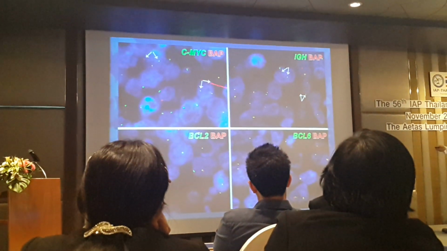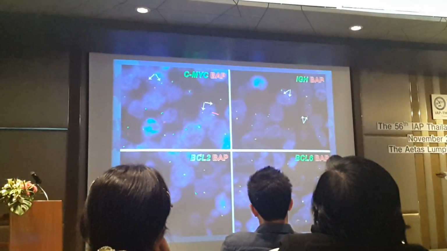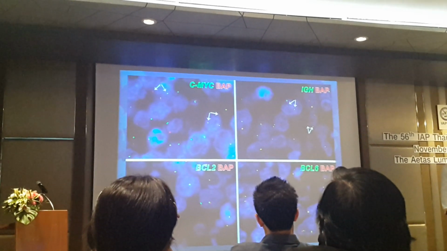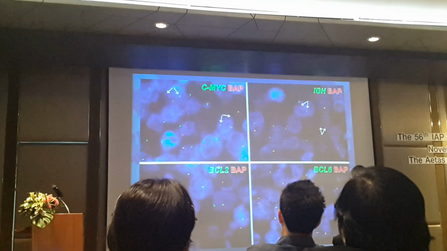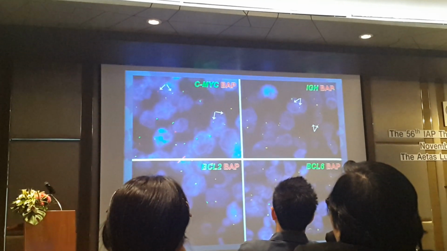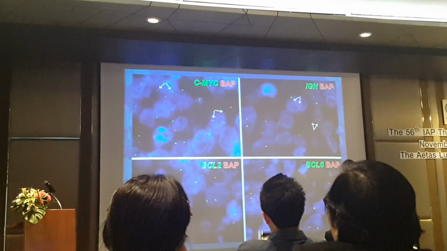Whereas if you are able to perform FISH, obviously this shows the translocation or rearrangement of c-MYC and IgH, which is the characteristic feature. Now, if you perform FISH, you have to make sure that BCL2 and BCL6 are, of course, intact. Because if c-MYC is translocated to IgH but there's also rearrangement of BCL2 or BCL6, it's not going to behave like Burkitt lymphoma.